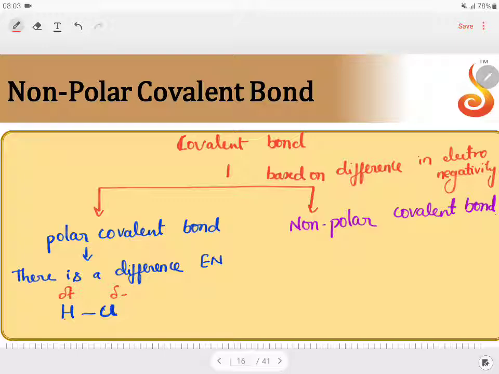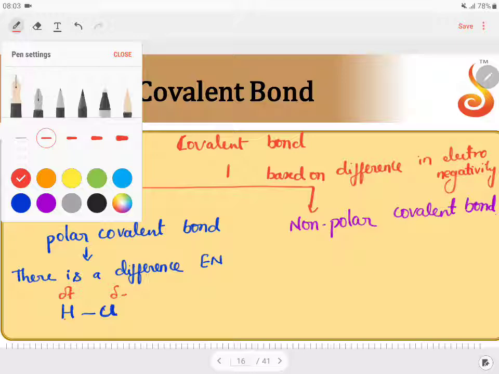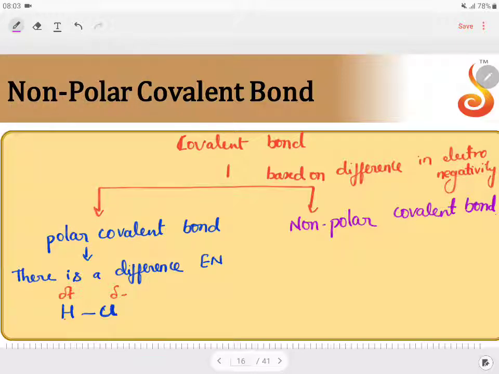For a covalent bond, we can represent an arrow like this. This arrow is pointed towards the more electronegative atom. Such bonds we call polar covalent bonds. One more example is carbon dioxide.